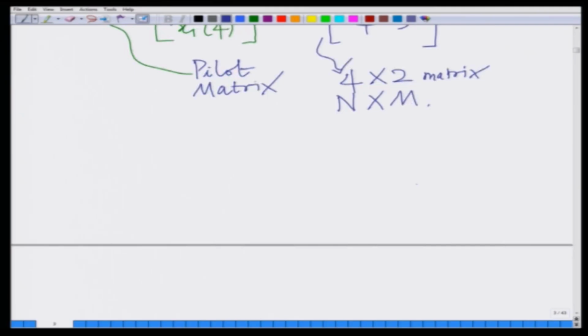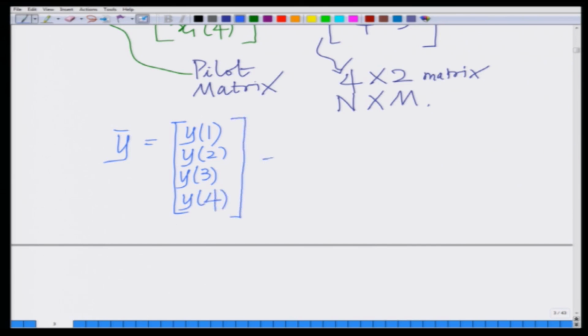Okay. Also, let us now form the observation vector y bar equals y1, y2, y3, y4, which is 2, 1, 1, 2.